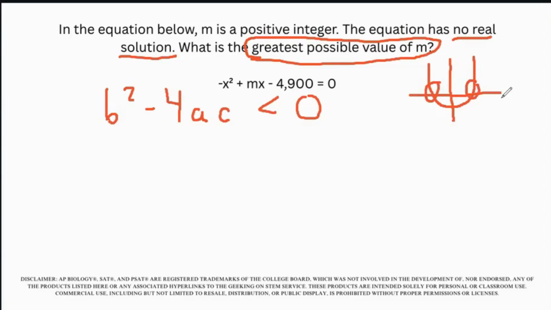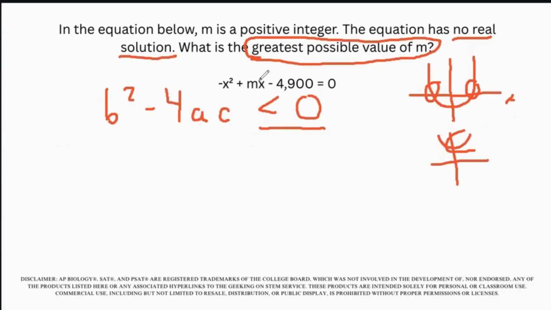If it crosses that x-axis. But if there is no solution, that essentially means that we have a quadratic and it never passes through the x-axis. So they're asking for the greatest possible value of m. And this is going to help you remember, hey, I don't have any, so it has to be less than zero. Right? The whole equation has to be less than zero.